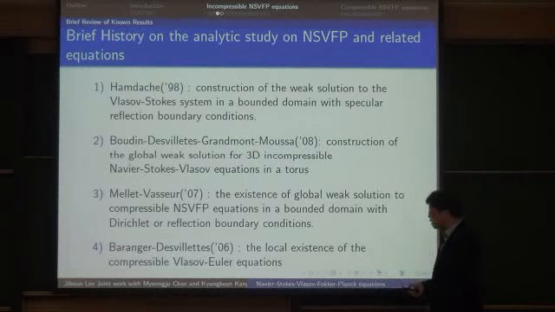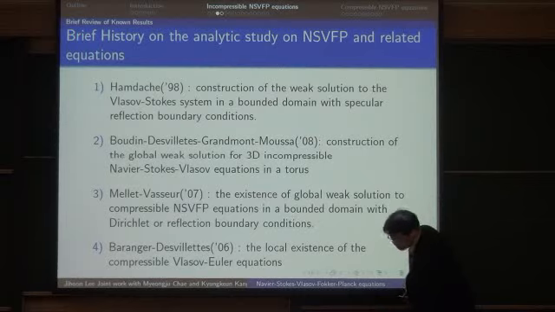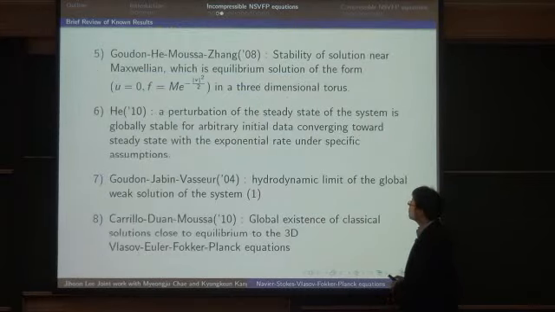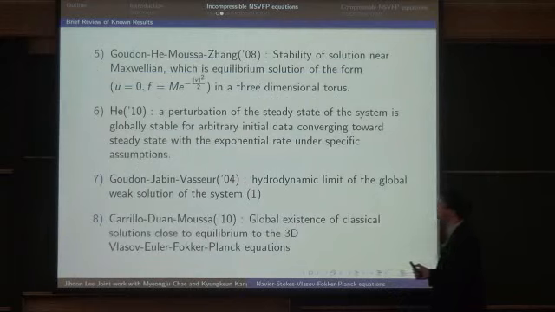And in 2006, Baranger and Desvillettes obtained the local existence of the compressible Vlasov-Euler equations. Also, Goudon, Han, Moussa, Zhang in 2008 obtained some stability of solutions near Maxwellian.